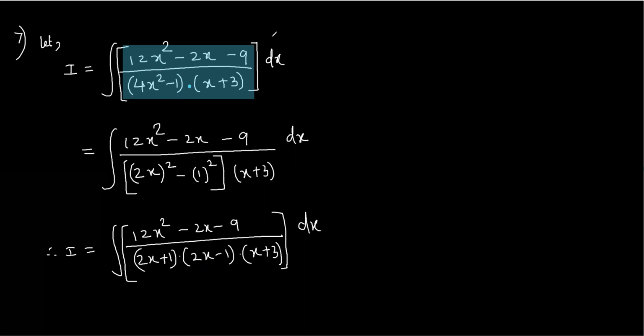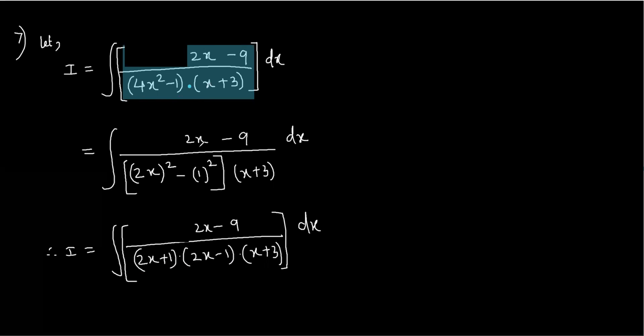Now some students have a doubt about why we are not referring to the numerator, because many times it is seen that the numerator is a quadratic, like here I have a quadratic. But what if the numerator is 2x minus 9 and the denominator happens to be the same as it is?